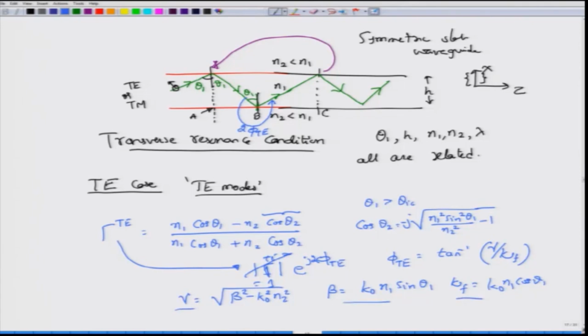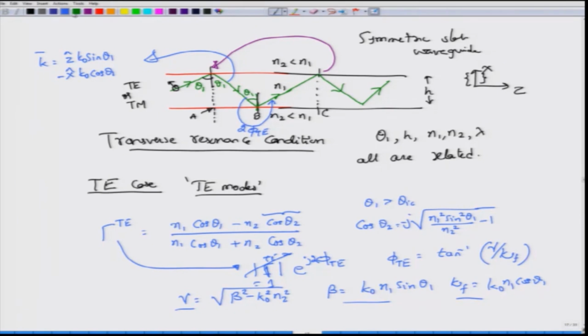Well, you look at the film case. So, this is the k vector. This k vector is directed along the minus x direction and the plus z direction. Along the z direction the value of this wave vector will be z hat k0 sin theta 1, and along x it is minus x hat k0 cos theta 1.